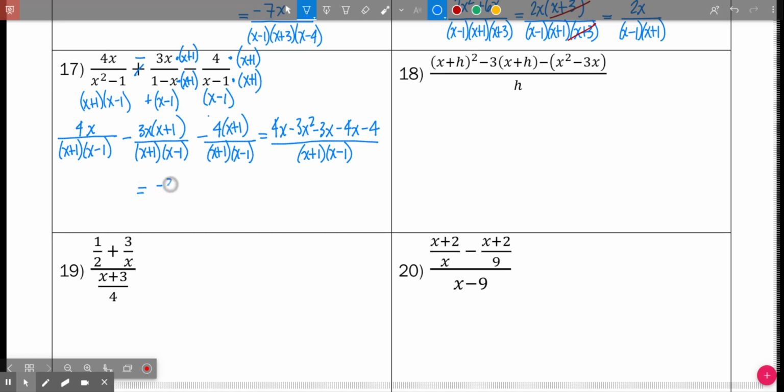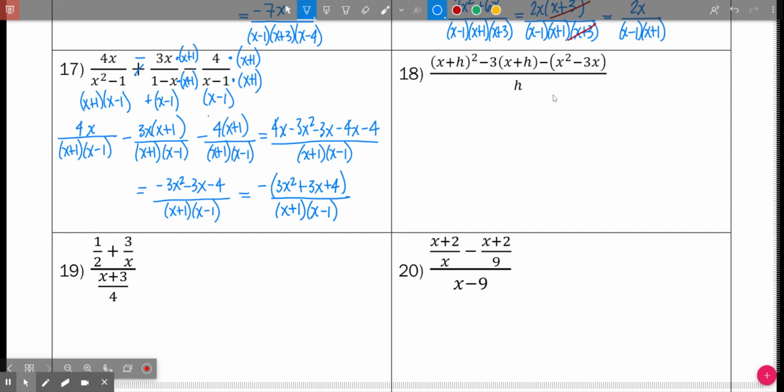And I have negative 3x squared minus 3x minus 4 over x plus 1, x minus 1. And you typically don't leave a negative coefficient, so you have negative times 3x squared plus 3x plus 4 over x plus 1, x minus 1.